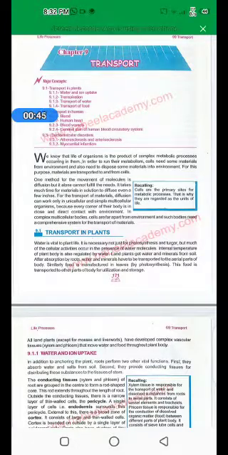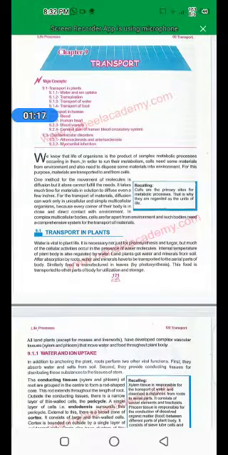Now, as this chapter says, every organism is made up of cells, the basic unit of life. These cells need some materials for their metabolic activities to be taken in and to be disposed of from the body. In this way, they are able to perform their metabolic activities and sustain their life.